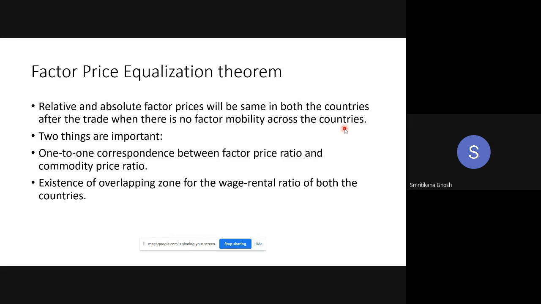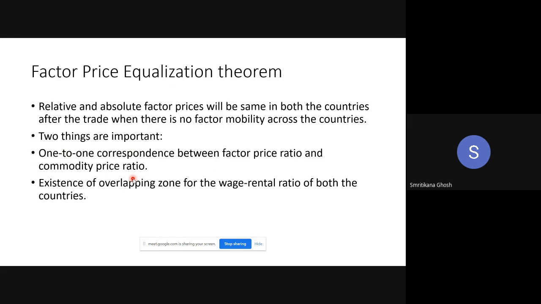To prove this theorem, we need two things. First of all, a one-to-one correspondence between the factor price ratio and the commodity price ratio, which we have already done. We know that there is a one-to-one relation between factor price and commodity price ratio.